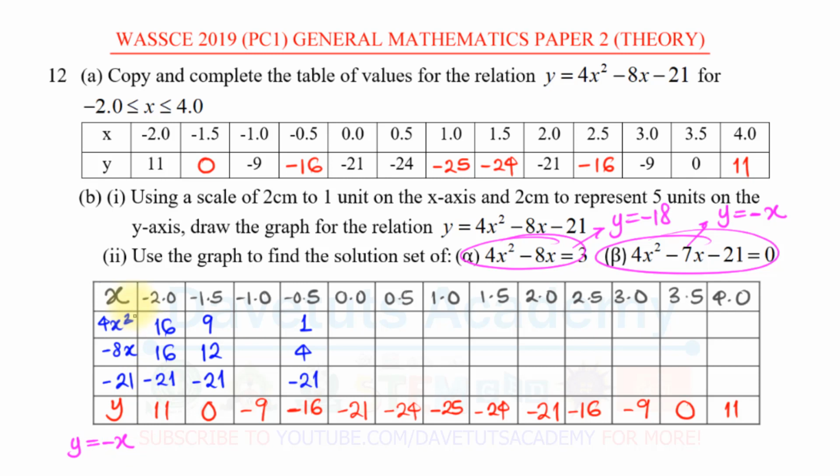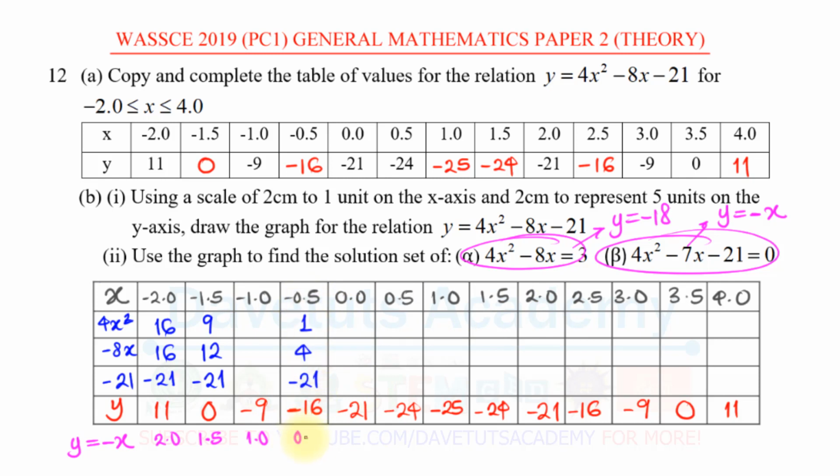For example, in the first case, when x is minus 2, what will be minus x? That will be 2. Like I used to say, the negative signs will multiply each other and that will give us 2.0. Okay, when x is minus 1.5, y will be 1.5. When x is equal to minus 1, y will be 1.0.